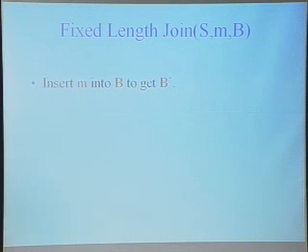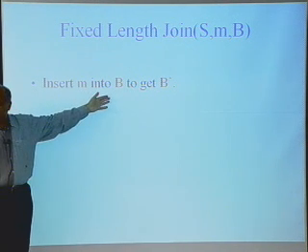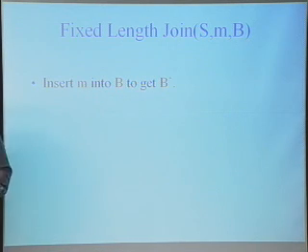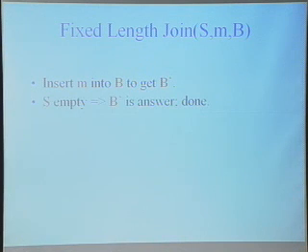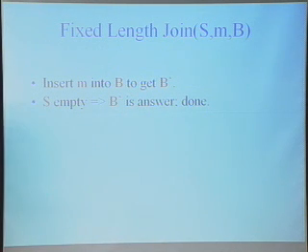Okay. So I'll take that middle fellow M and I'll insert it into the big tree and end up with a new big tree B prime. Okay. Well, so that'll take me time equal to the number of bits. Okay. Now, if my small tree is empty, then I'm done. B prime is the answer.